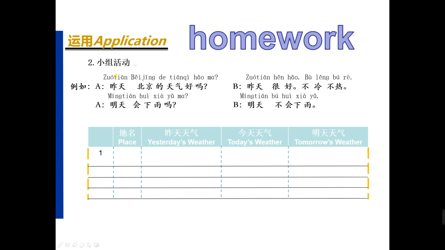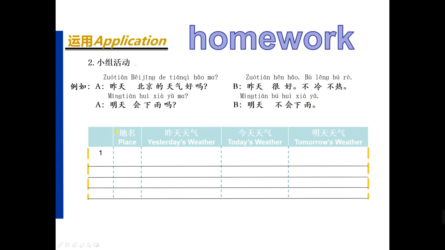It's asking the weather in Beijing. 昨天北京的天气好吗？昨天很好，不冷不热。The second sentence, 明天会下雨吗？Will it rain tomorrow? 明天不会下雨。It won't rain tomorrow.